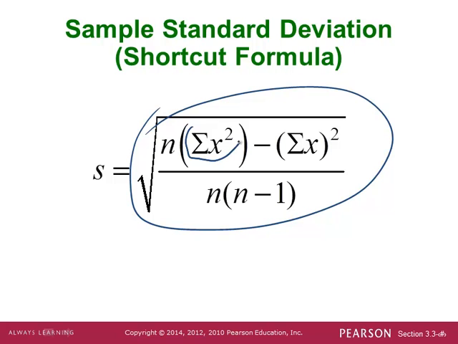What you do is you add up the squares of the data values, that's what sigma x squared is, multiplied by the sample size n, minus the square of the sum of the data values, and then divide by n times n minus 1, and then take the square root of that. This also will calculate your standard deviation. It's just a different formula which some people find handier. Hey, use whatever works for you, okay?